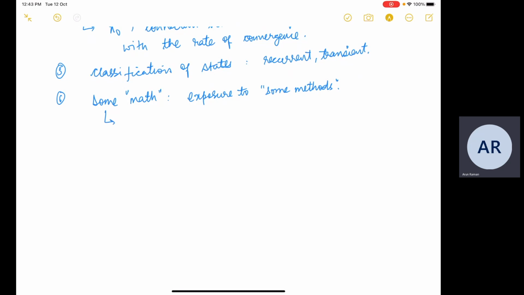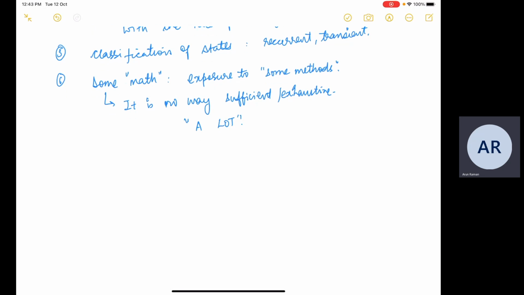One thing to note, as I'll write down to emphasize, is that the analysis that we discussed is in no way sufficient or exhaustive. You should realize that there is a lot that is out there, and it might even happen that one can float a course discussing just Markov chains.